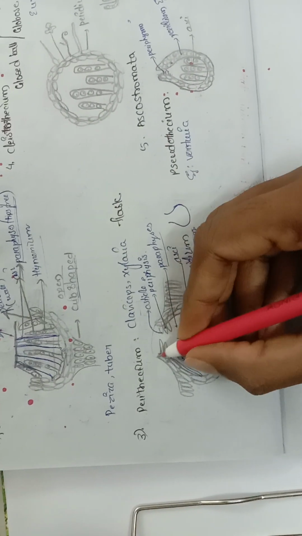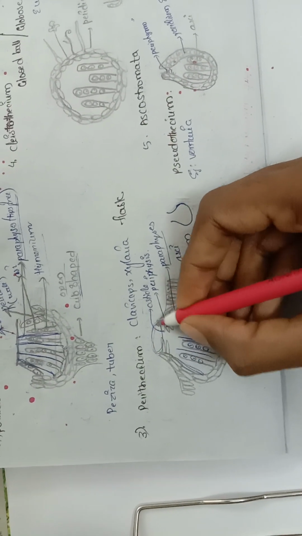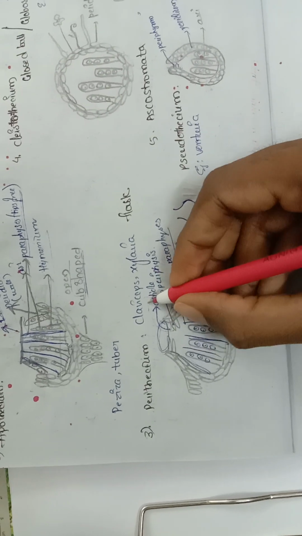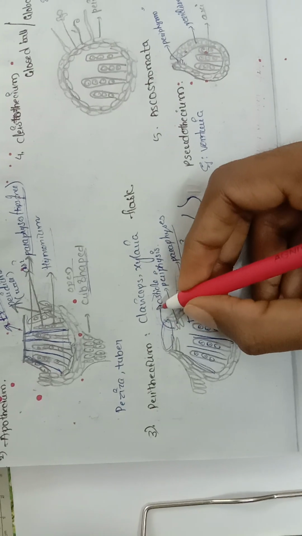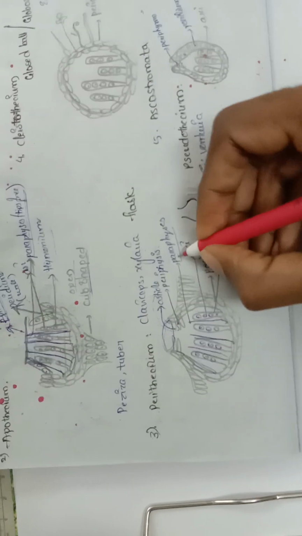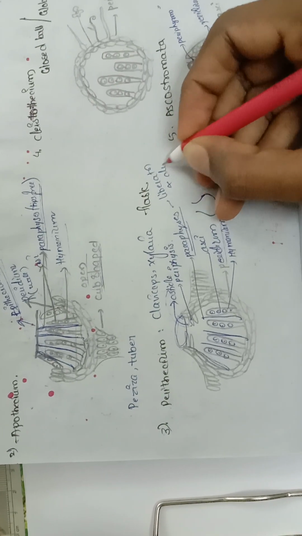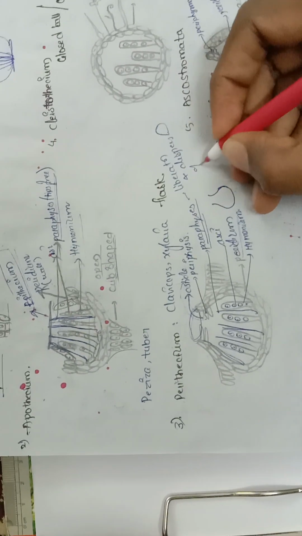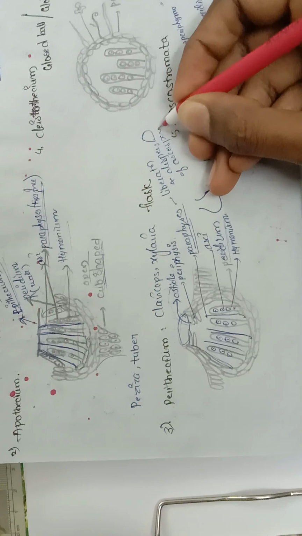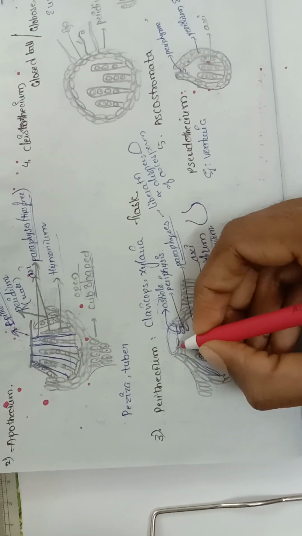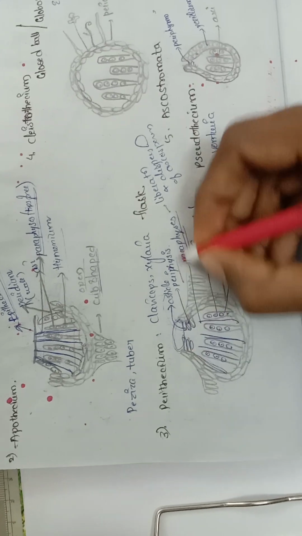It has an opening called the ostiole, and through the ostiole the ascospores are dispersed. The paraphysis helps in the liberation and dispersal of ascospores, and the ostiole is covered with periphyses.